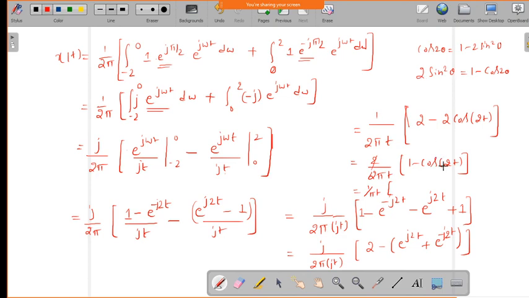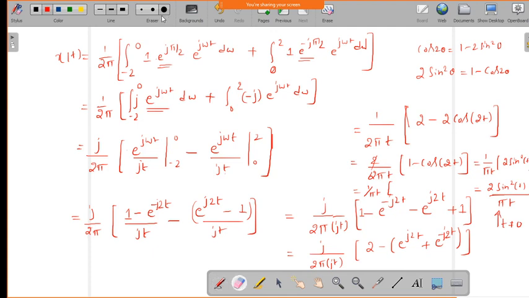So that you will get 1 over pi t into 2 sin square of t. So this gives the result 2 sin square of t divided by pi t. This is the value when t is not equal to 0.